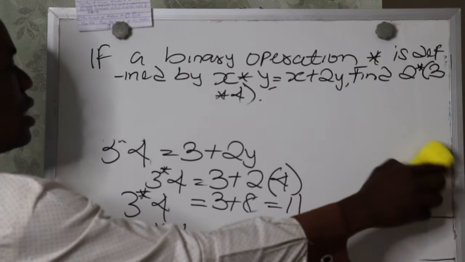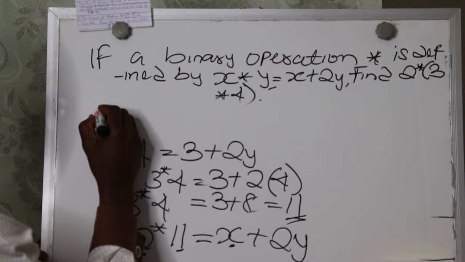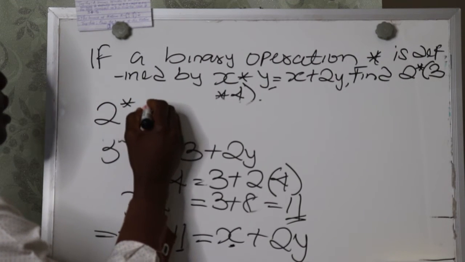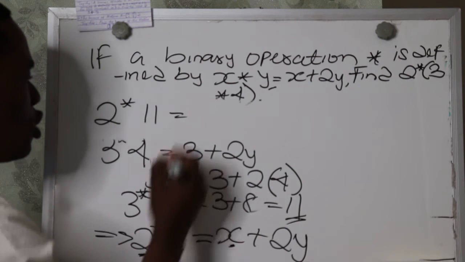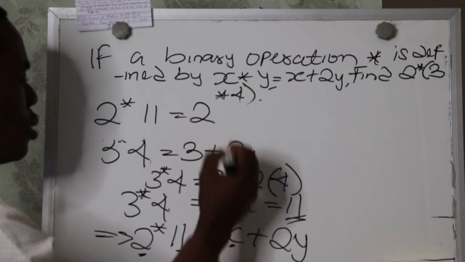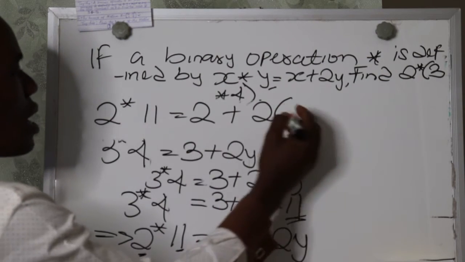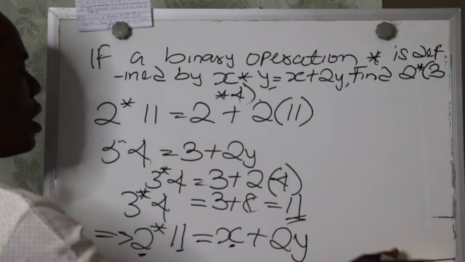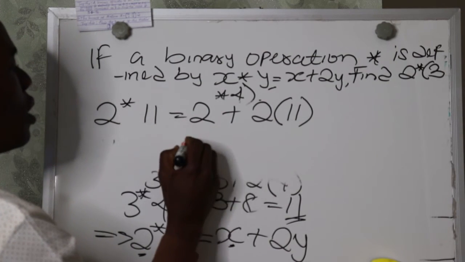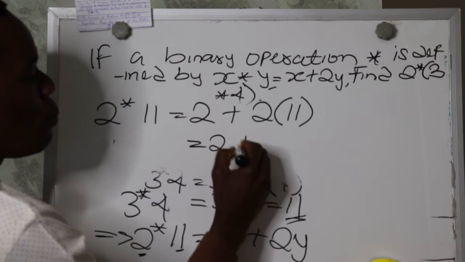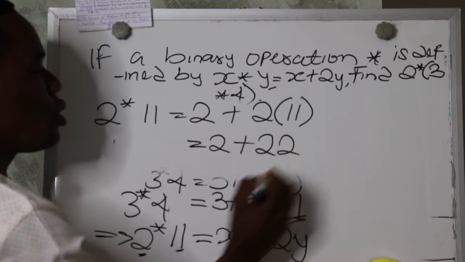Now let's slot that into the above equation. If we slot that in, we are going to arrive at 2 asterisk 11 equal to, remember x is 2, so we have our 2 plus 2 brackets, our y is taken as 11. Now 2 times 11 will give you 22.